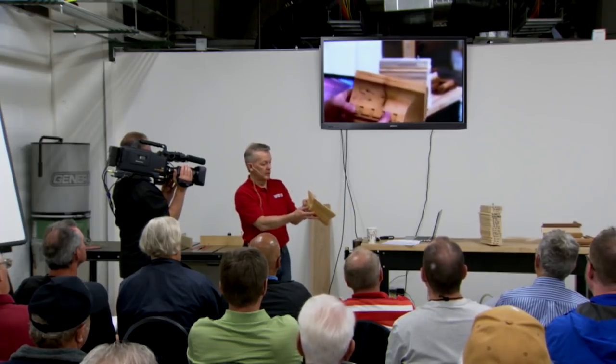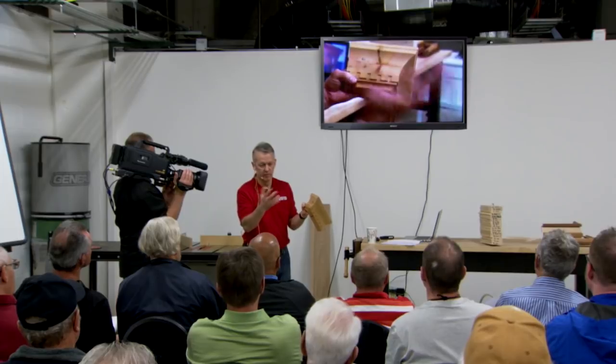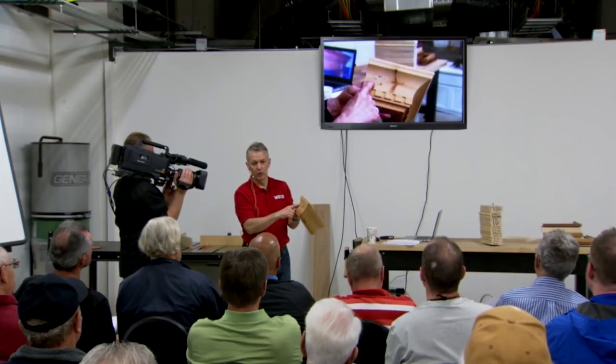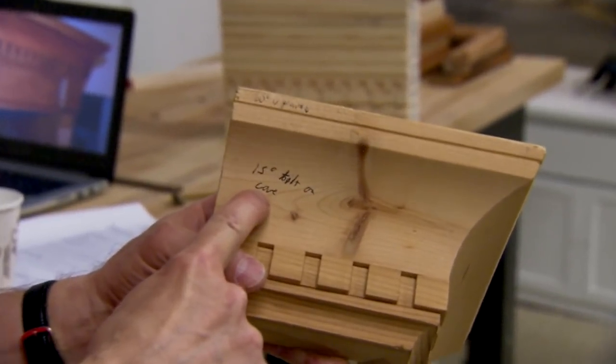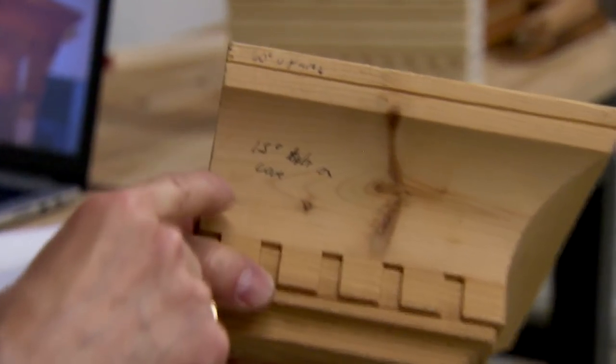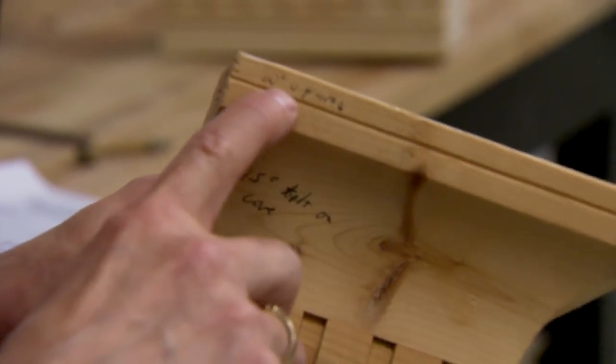So, like I said, I was making various types of cove molding. As I was working, I was also making notes on it. You can see this one was a 15-degree tilt on my table saw, so it's an asymmetrical cove. I noted that this is just a V groove bit. I'm not sure I had to do that.